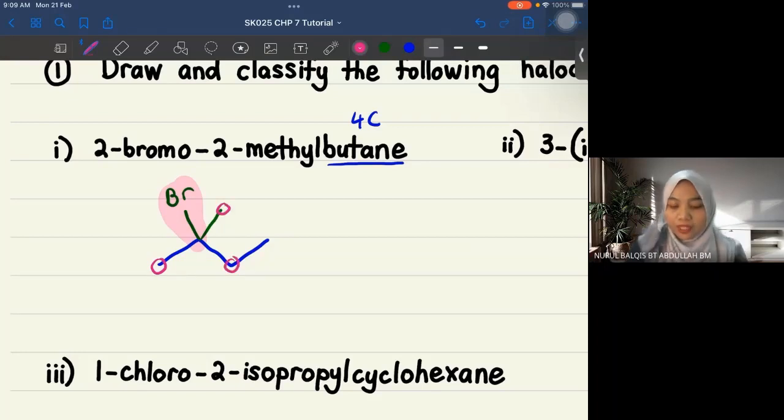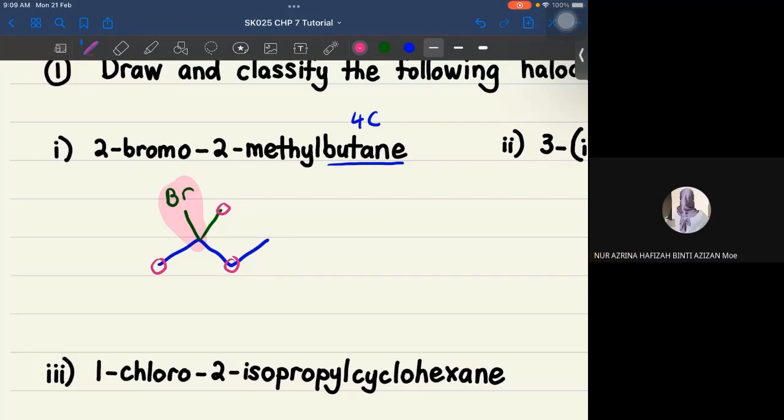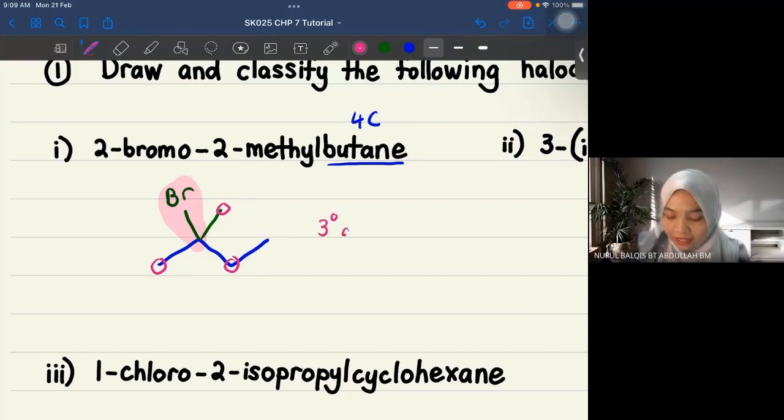So what is the class of alkyl halide here? Yes, tertiary alkyl halide, ataupun tertiary haloalkane. Jangan biar tertiary je, kita kena beritahu dia benda apa.